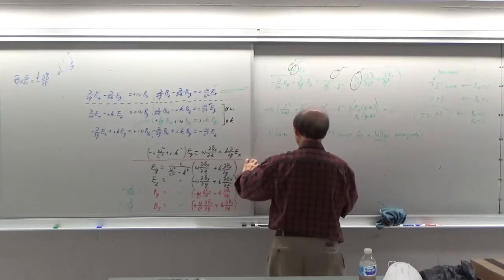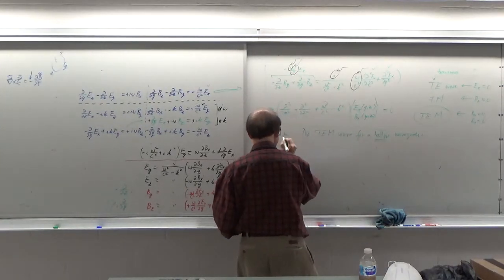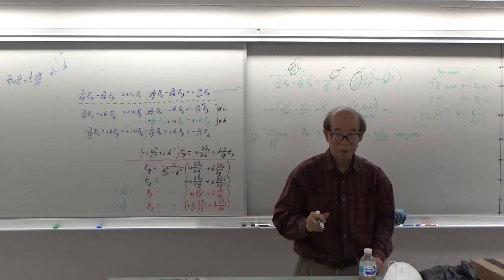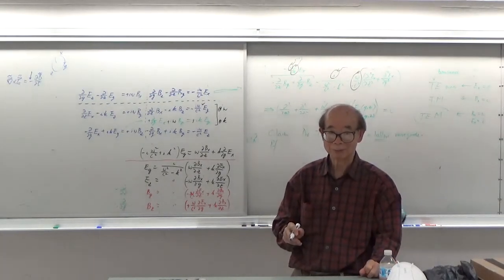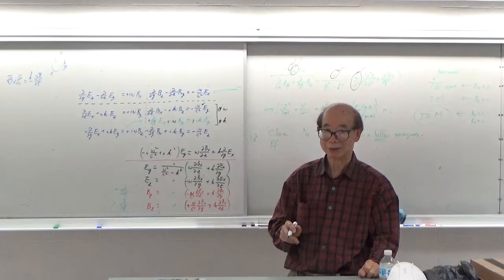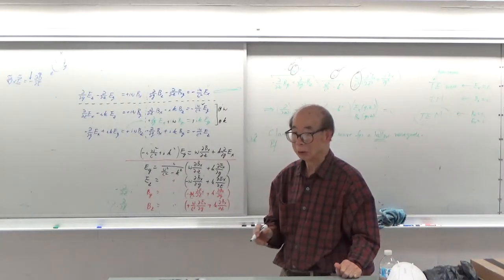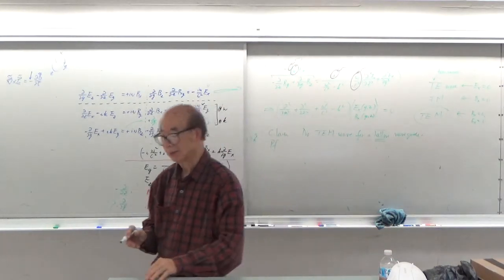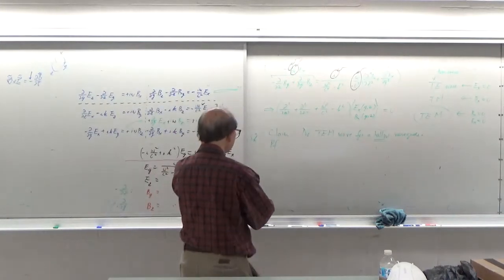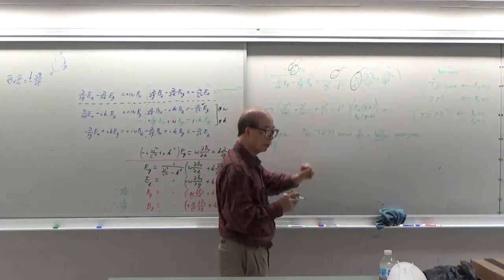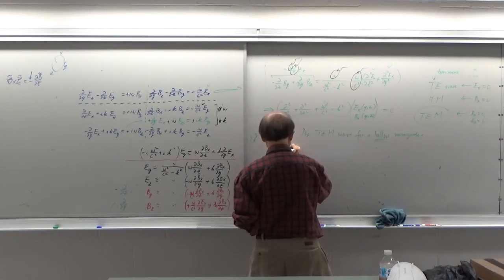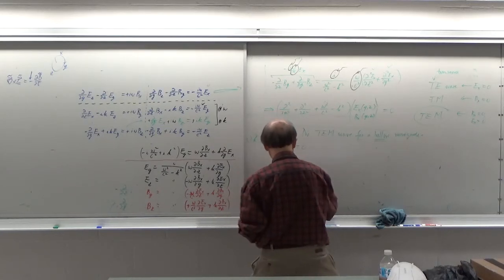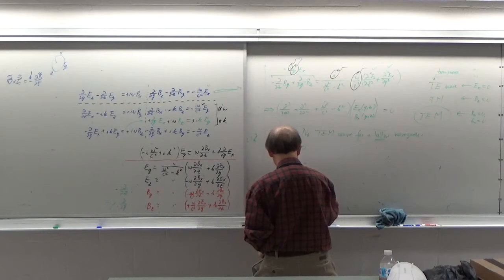But let me prove this claim. The proof is not difficult, but it is illustrative. It's interesting. It involves something that you learned last semester. All right, so let's consider the TEM wave, so that for this wave, Ex is equal to 0, as well as Bx equal to 0.